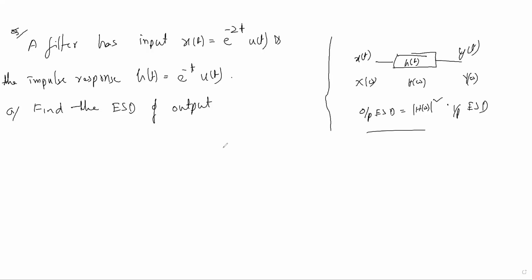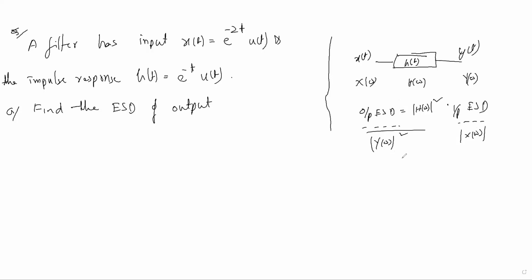Then with this relation, we can find the ESD. And what is the input ESD or output ESD? I have said that these are nothing but the square of X of omega, the square of the transform domain. This is Y of omega whole square. This is the output ESD.